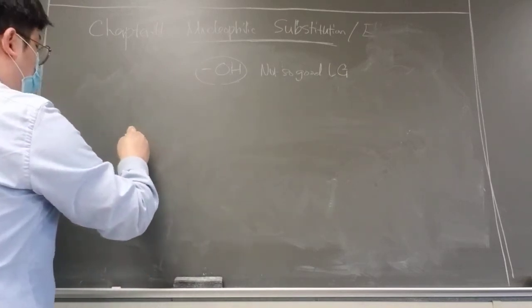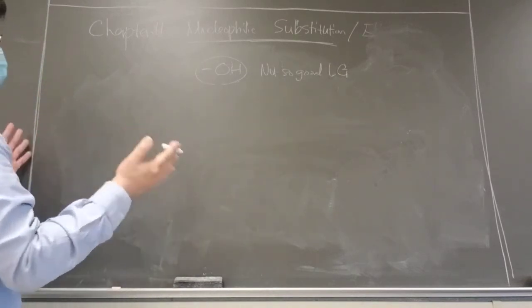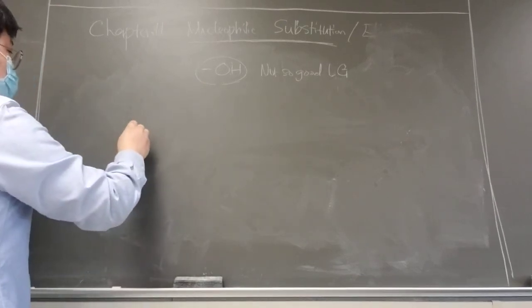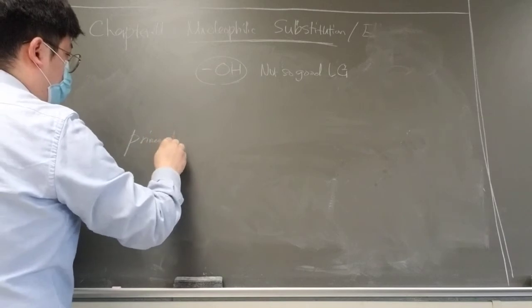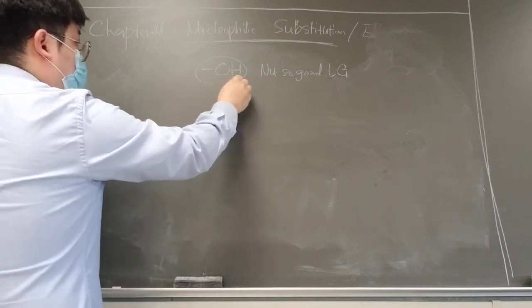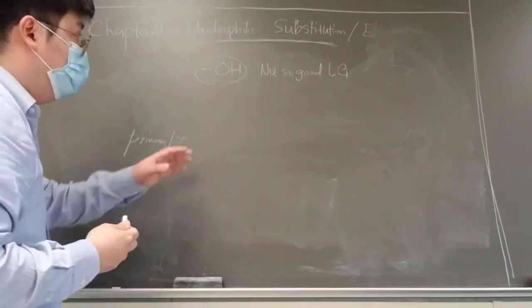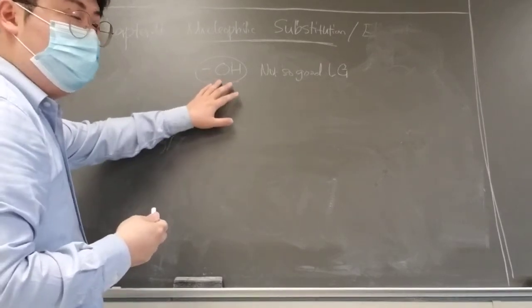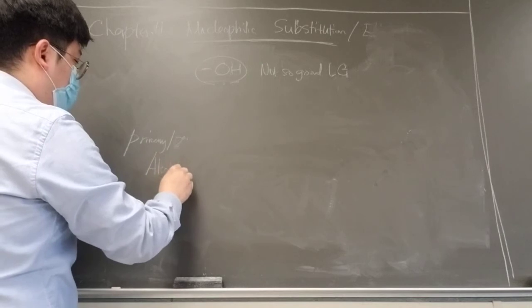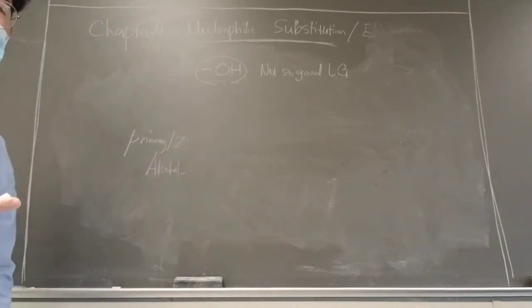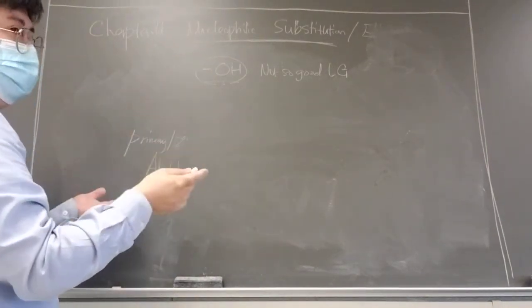This is to review what I did on Monday. This is either a primary or secondary alcohol. Any compound that has a hydroxy group, OH, we call an alcohol. This is one of the things we did on the halogen part in chapter 10, how we can halogenate the alcohol.